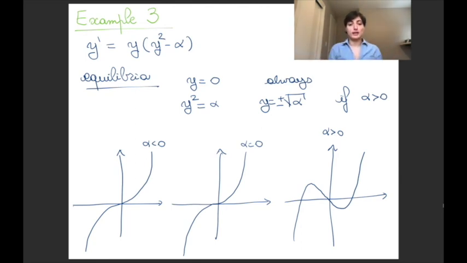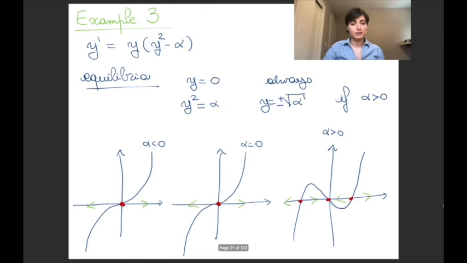First and second derivative at alpha equal to 0 for y equal to 0 are 0. For alpha positive, you have a really S-shaped thing that crosses the 0 axis 3 times: 1 at 0 and 2 at plus or minus square root of alpha.